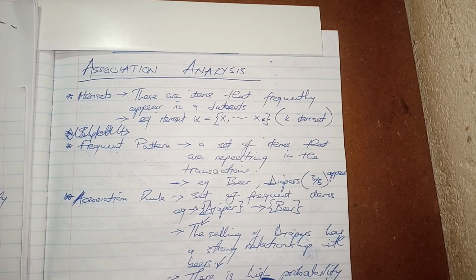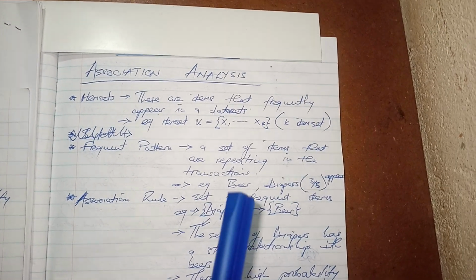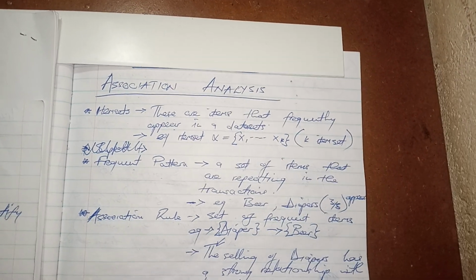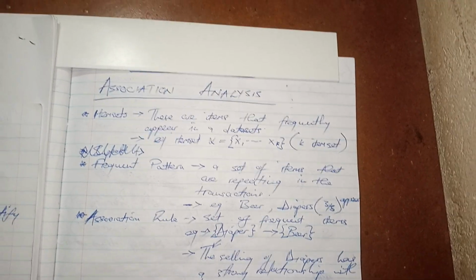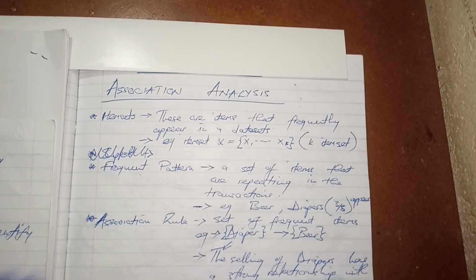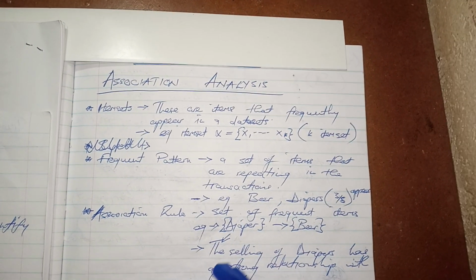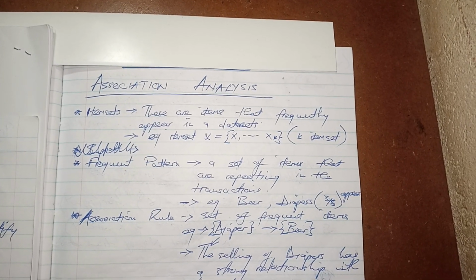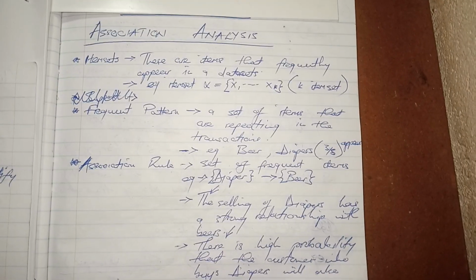Let's take for example, an item set is a trolley in a supermarket where a customer puts his purchases. The things that are in the trolley are the item set. Let's move on to frequent patterns.